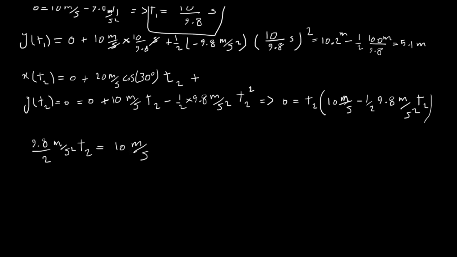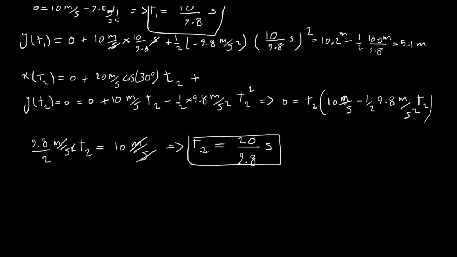So if now I cancel m and m, one of the seconds here and another second there, therefore I get T2 equals 2 times 10, so it's 20, divided by 9.8, and second goes up, so seconds. So here is the T2.